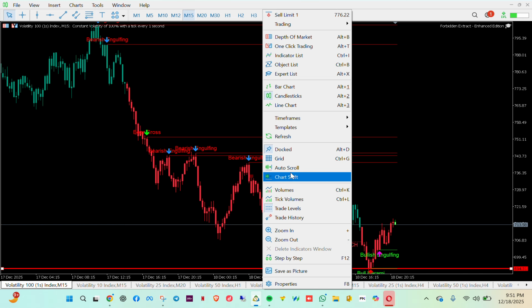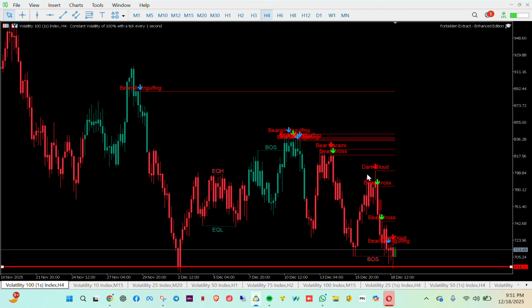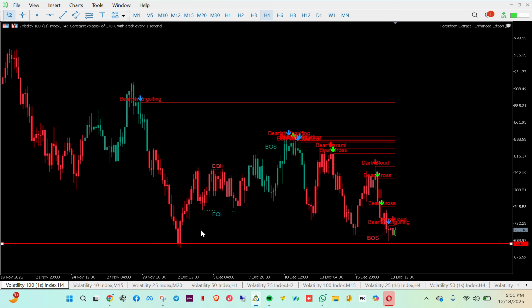If the higher time frame is telling us the trend is bullish, when we come down to lower time frame, are we not supposed to be looking for buy opportunities? Always follow what the higher time frame tells you.